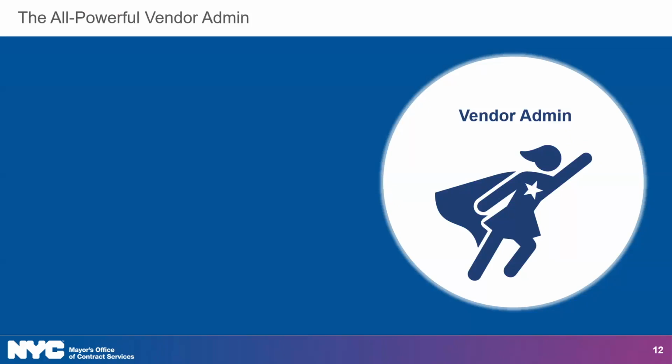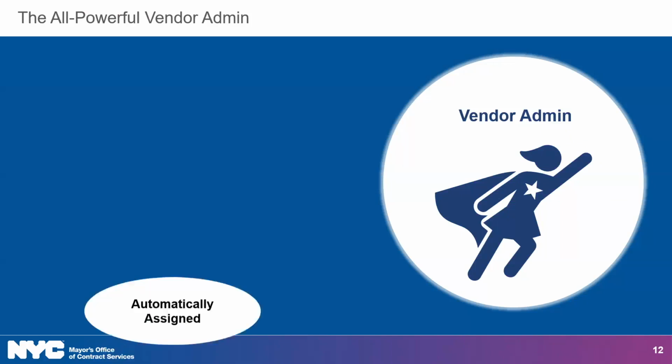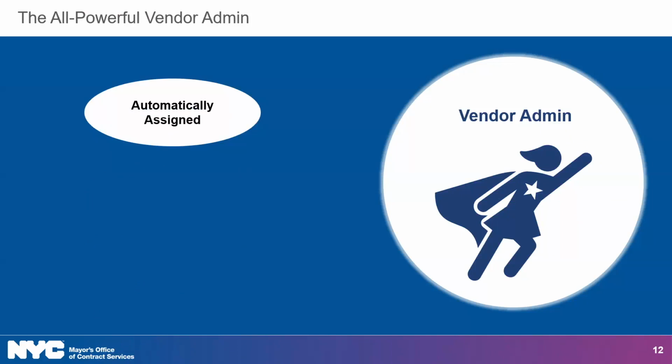The most powerful and global role is that of the vendor admin. Vendor admins have the most privileges and are key participants in almost all processes in Passport. The role of vendor admin is automatically assigned to the person who made the original request for an organization's Passport account.